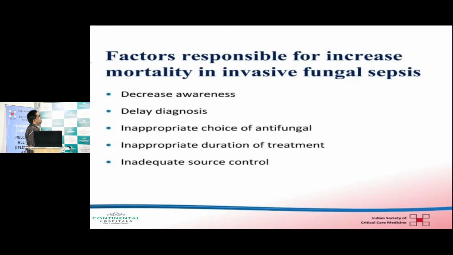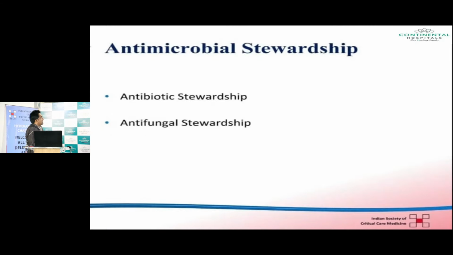Factors responsible for increased mortality are diffuse awareness, because as physicians we always try to think in terms of bacterial sepsis. When we underestimate fungi, there is delayed diagnosis and often an inappropriate choice. We use azoles more, with inappropriate duration of treatment, because some fungi require a longer duration of treatment. And often we forget about source control.